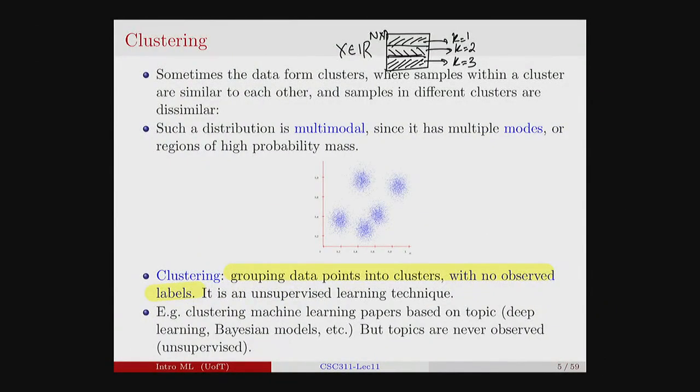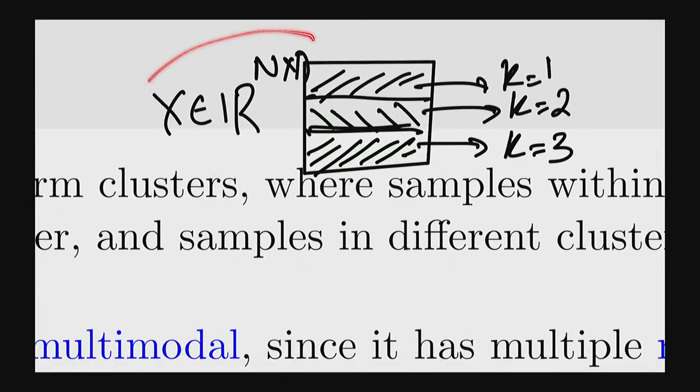So the problem is as follows. Let's say we have some n by d matrix that's given to us by a user. Our goal is to find clusters within this matrix. What exactly is a cluster? A cluster is a group of points that exhibit similarity to one another and exhibit some notion of dissimilarity to points that are not in the same cluster. So what is the output of a learning algorithm that solves the problem of clustering?